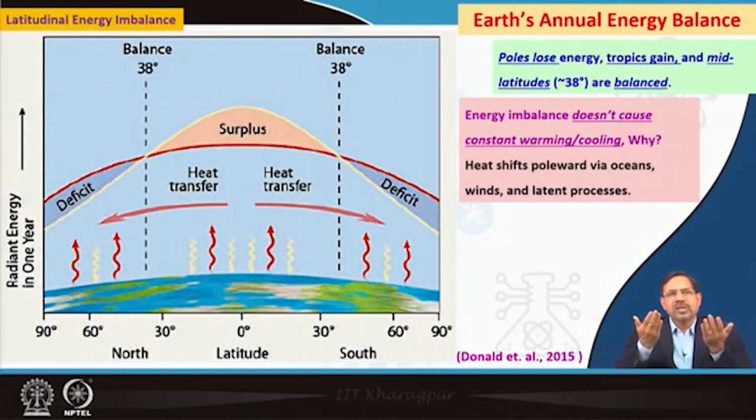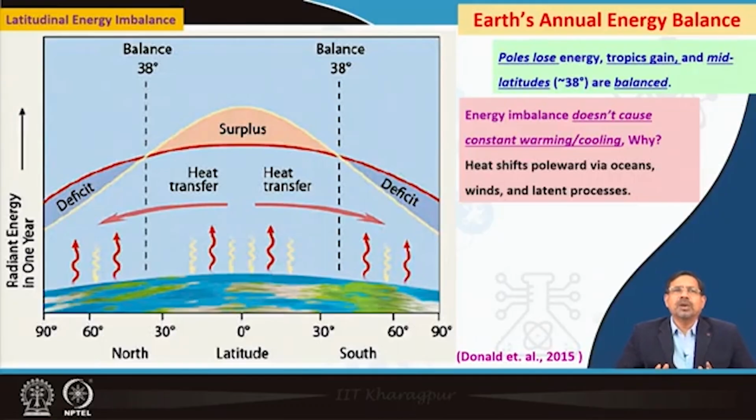In the tropics, the earth receives the maximum, or you say the surplus, solar radiation or solar irradiance. The radiant energy on a 1 year scale has been shown in this particular figure, and this implies that we have a surplus between plus or minus 38 degree latitude. So, north and south 38 plus and minus we usually consider.